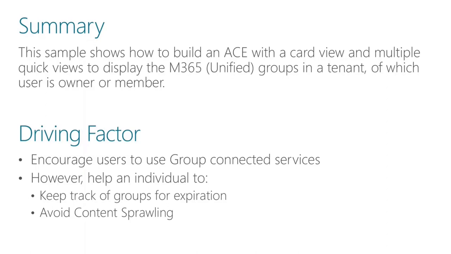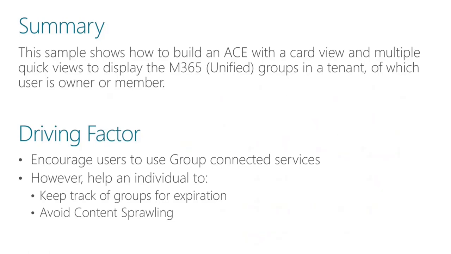Until the email comes to you and you start analyzing what a group is about, you can take that decision by looking at this ACE solution. Another important thing to consider is the content and user experience point of view, because excessive content gives rise to content sprawl.